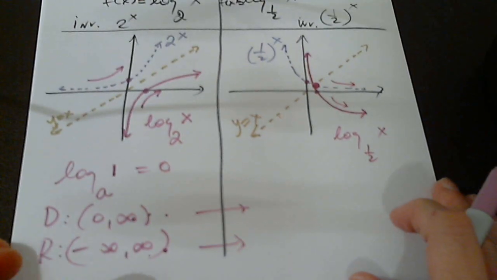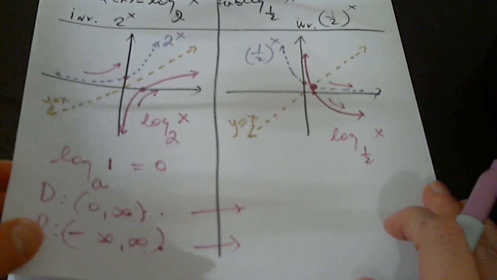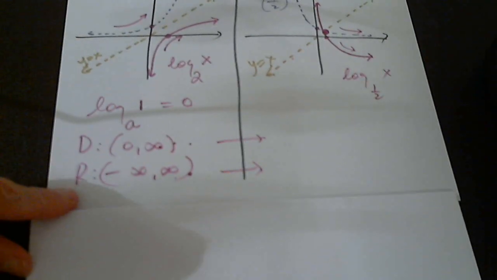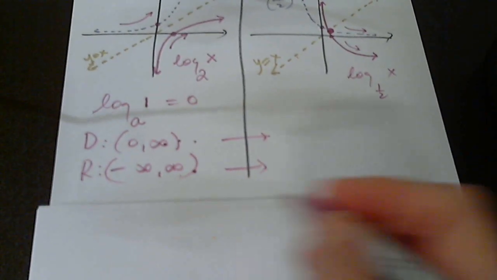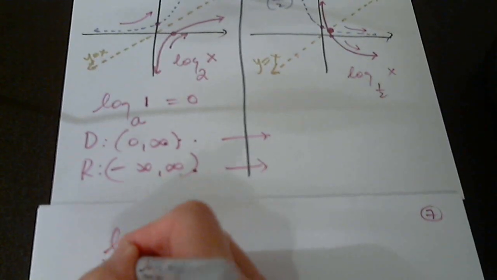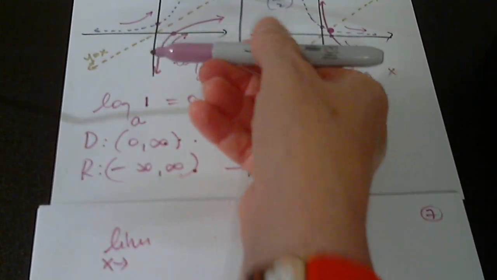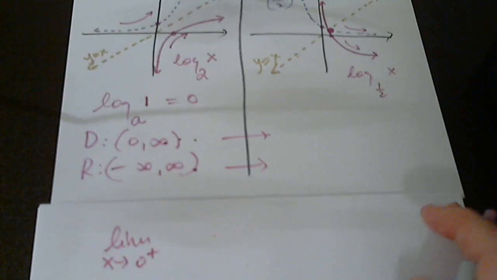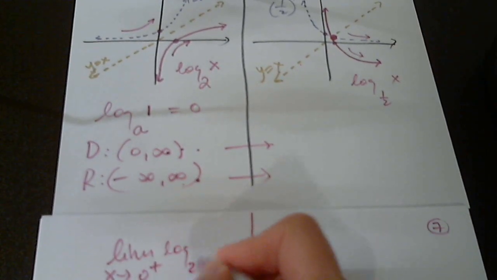Okay, so finally, I just want to talk about the limits. Limit as x approaches 0 from the right for the first one, log base 2 of x, and limit as x approaches infinity of log base 2 of x.